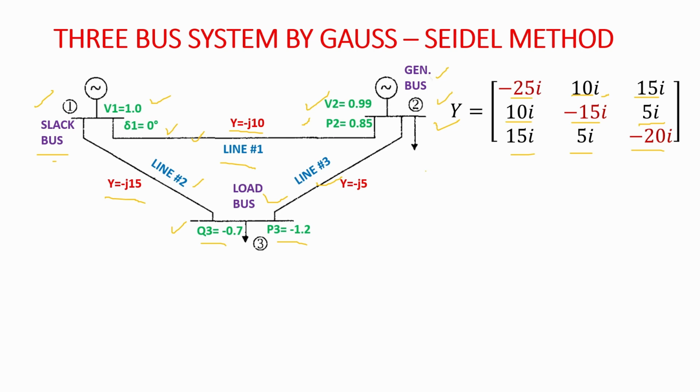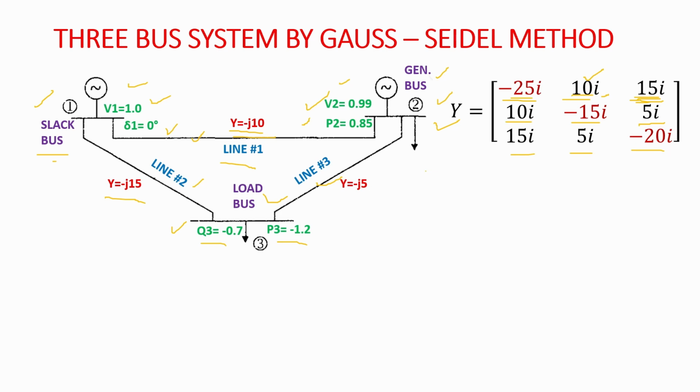Now let's define each element of the matrix. The admittance of the line from bus 1 to bus 2 is Y12, which is negative 10I. But I write positive 10I because, if you watch my previous video lectures, the mutual admittance is negative. So negative of negative 10I is positive 10I. Y13 is 15I and Y11 is negative 25I.